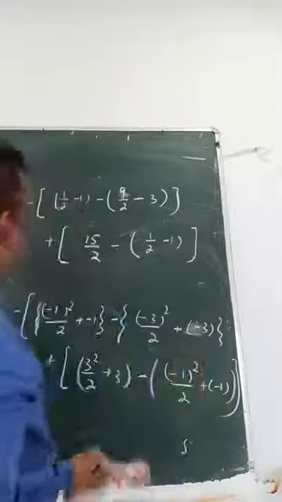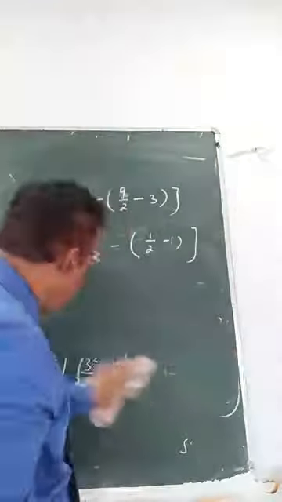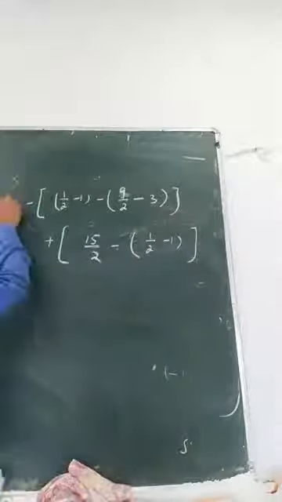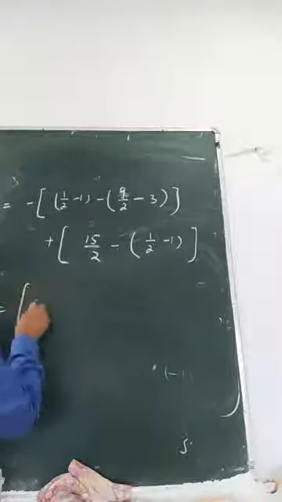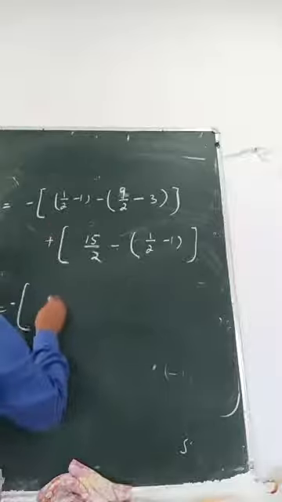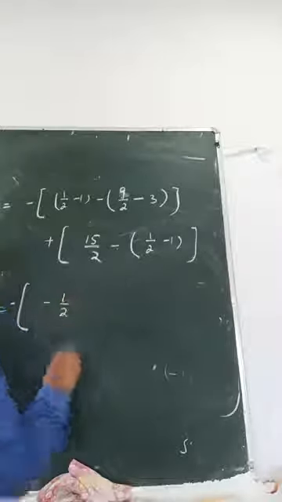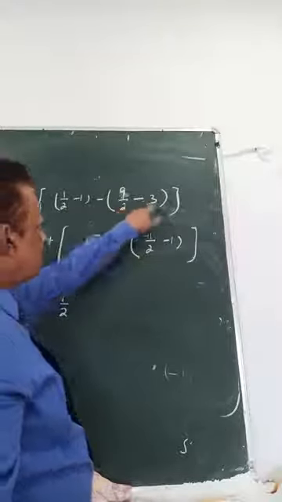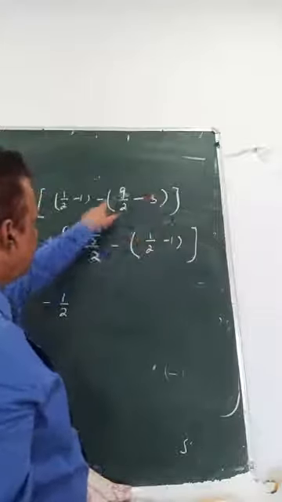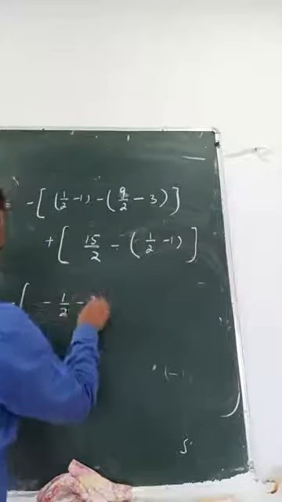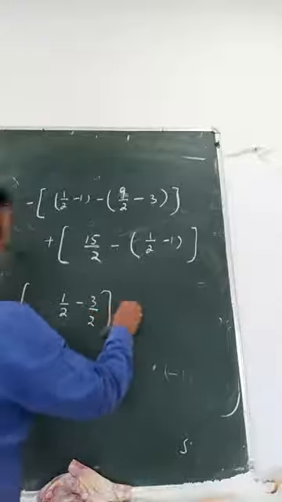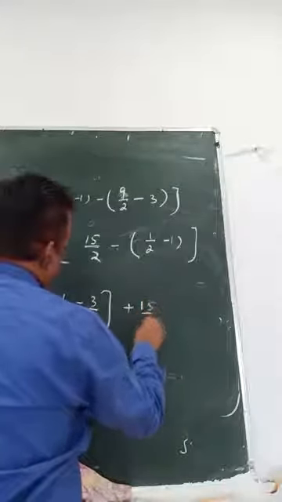Okay. Then minus is here. This is minus 1 by 2. This is 6. 9 minus 6 is 3, but here is minus. So minus 3 by 2, plus 15 by 2.